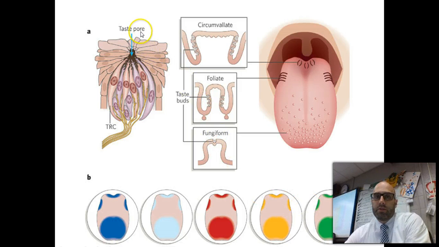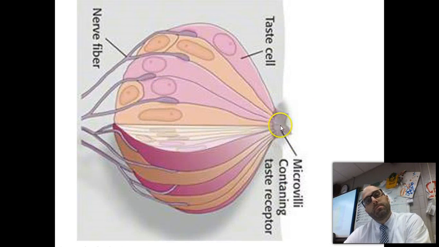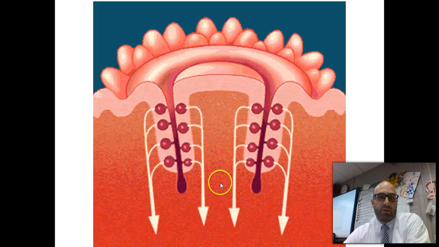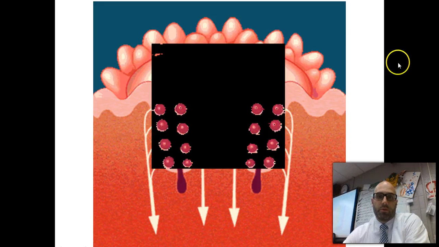The chemical or the substance dissolved, and it passes through the taste pore, which then stimulates these receptor cells here, which changes their action, which changes their membrane potential, which then triggers the nerve fibers, which converge in one direction towards the brain.